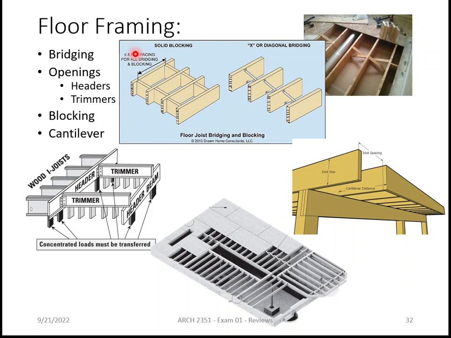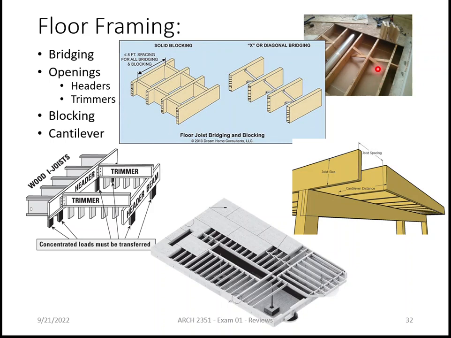Most people, because it's faster, will use the steel now as the bridging. You can see pieces of wood here, 1x3s or 1x4s being used as bridging there. Okay. And that keeps the joists, when they're really long, from bowing or turning. Because if they turn, then they lose their strength.